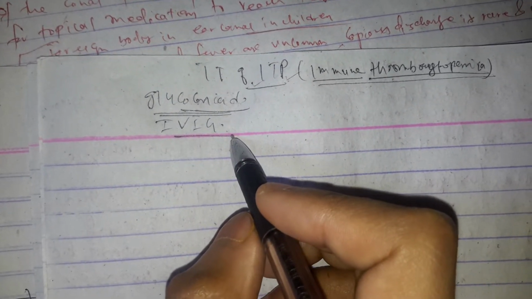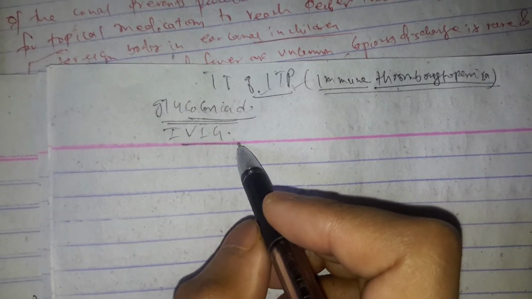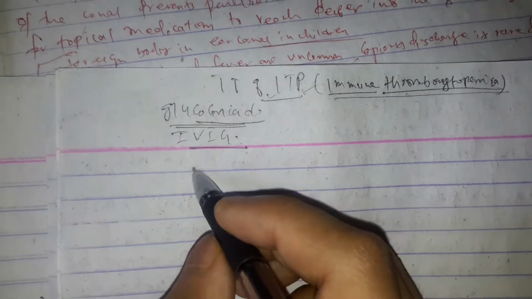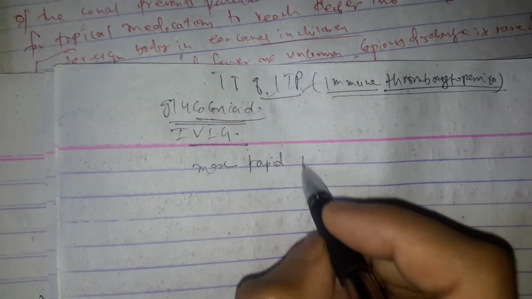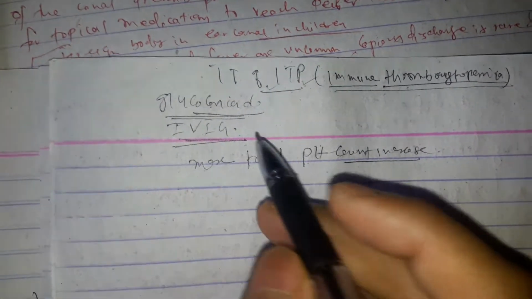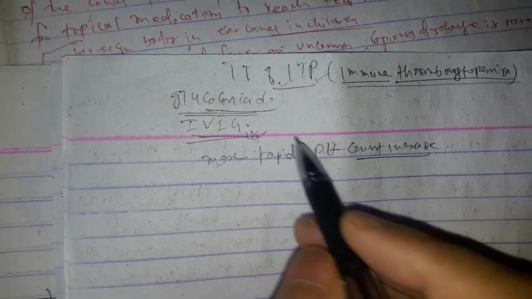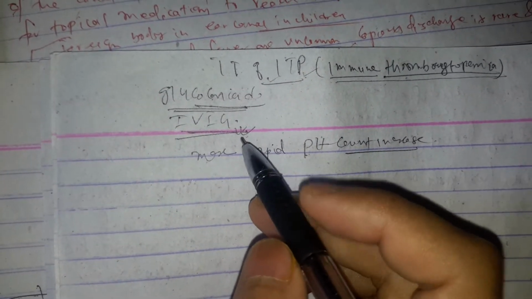IVIG is used for some patients who do not tolerate glucocorticoid toxicities, or added to glucocorticoid treatment for patients who require more rapid platelet count increase, because IVIG acts fast, like in 24 to 48 hours platelet counts increase. That's why it has a fast effect. So it may be added to glucocorticoids if there is a need to increase platelet count more rapidly.